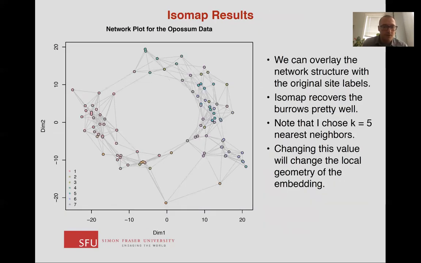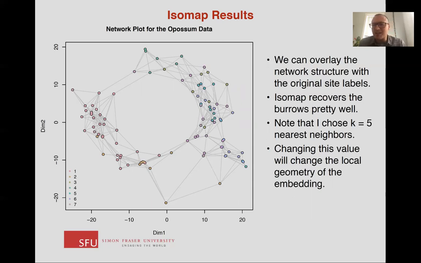Now here I've overlaid the borough information. And you can see that, similar to MDS, we have some good results in the sense that we're able to pull apart boroughs 1 and 2, the red and orangish ones, from the others.